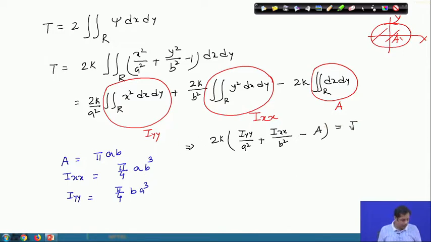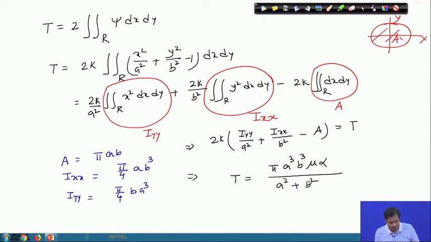Now, if you substitute Ixx, Iyy and area from this expression, the final expression of T becomes T is equal to pi a cube b cube mu alpha divided by a square plus b square. You can verify this.